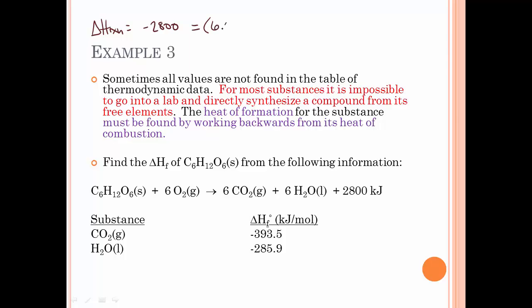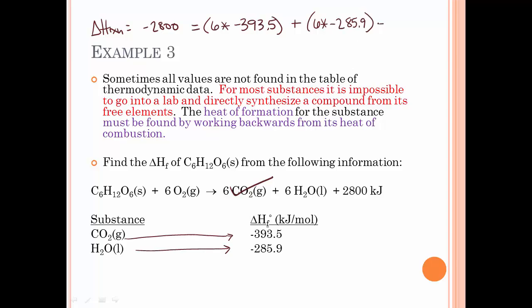So first we have 6 times my first product, CO2, which has the value of negative 393.5, plus 6 waters, so 6 times the water value, which is negative 285.9, minus my reactants. Now, this one, that one got a check mark. This one is my question mark. We don't know what that one is, so we're just going to call it X. And oxygen is an element, it's 0, so just forget about it.